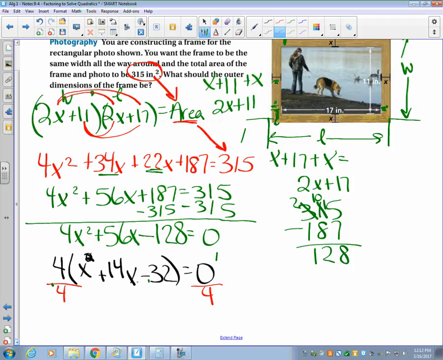This is the only time in math things just kind of disappear. So I factor out this 4. 4 divided by 4 is just 1. x squared plus 14x minus 32. What's 0 divided by 4? 0. Oh my gosh, thank goodness. I thought I was going to have to factor this terrible quadratic. Now we have something that's reasonable.